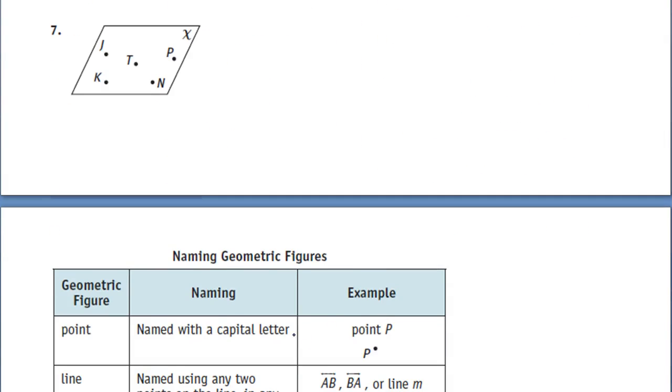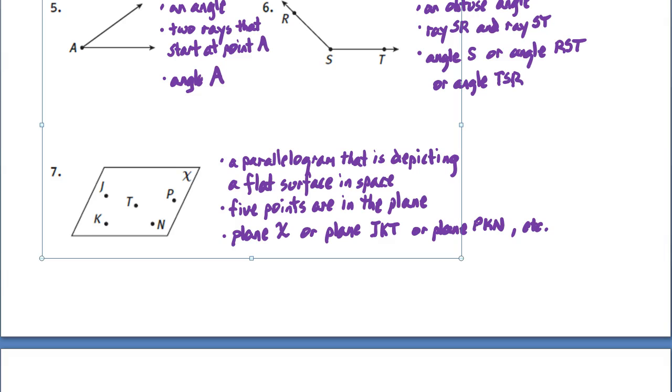Question 7, what do you see? Well, I see a parallelogram drawing that has several dots on it. But this parallelogram drawing is to represent something that exists in space. It's there to represent a plane or a flat surface. Perhaps you knew that you could name this plane X, where a capital cursive letter is the name of a plane.